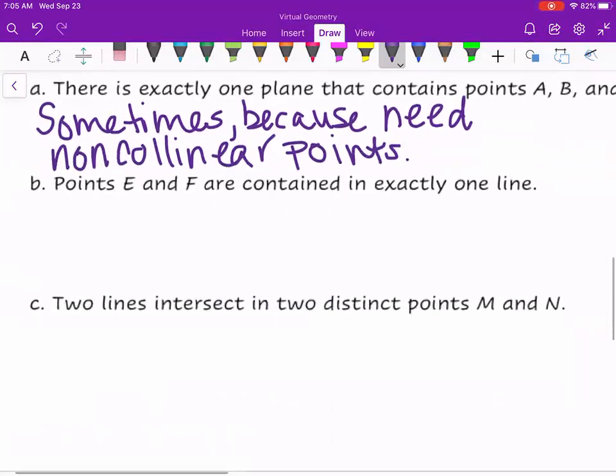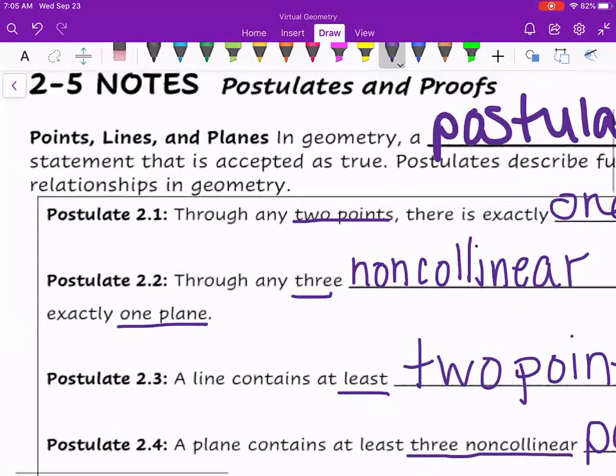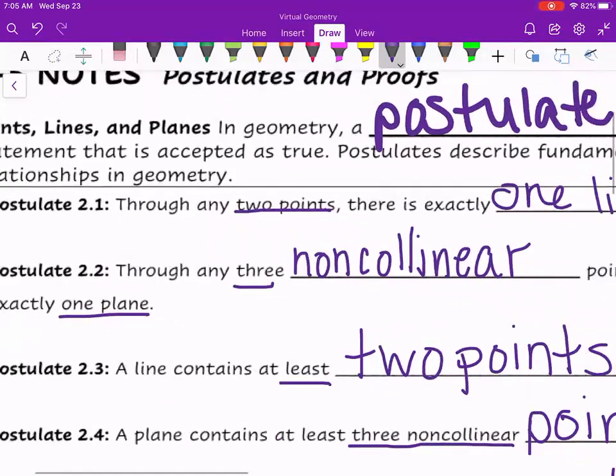Now let's check out example B. Points E and F are contained in exactly one line. Let's find the postulate that says 2 points make a line, which is postulate 2-1. Through any 2 points, there is exactly one line.